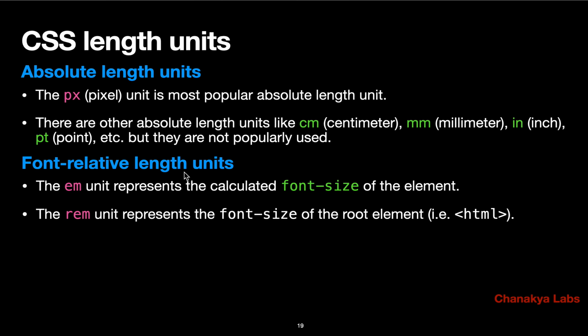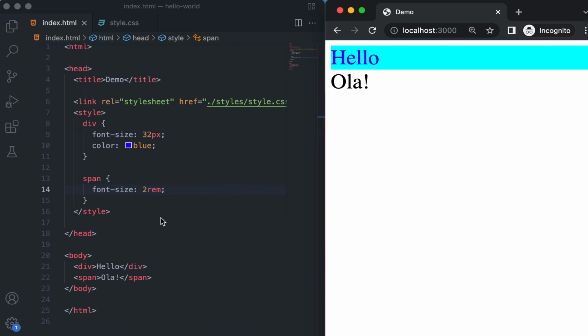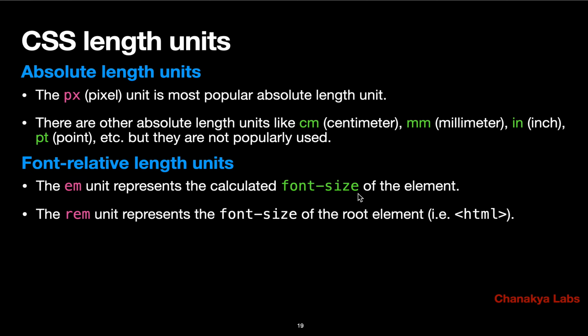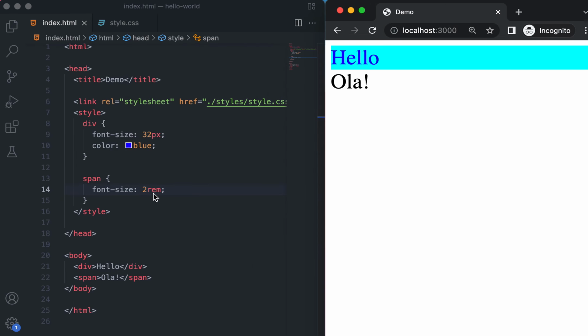Now there is something which I wanted to say, what is the difference between rem and em. So you see what is there. I am using span separately and div separately, which means the default here is 16, the default here is 16, which is 1 rem, and I am saying that this span is twice the root em, which means that if the root font size is 16, then twice it is 32.